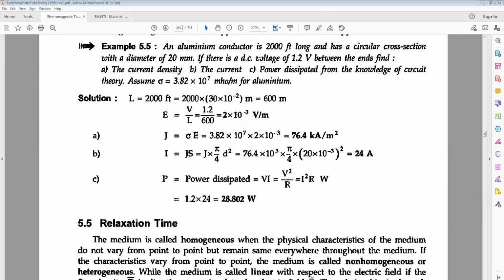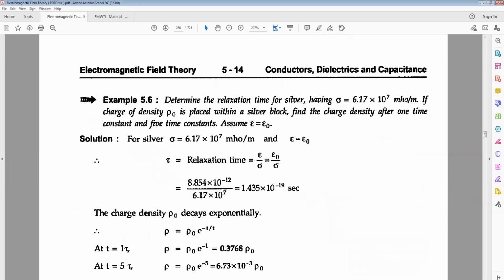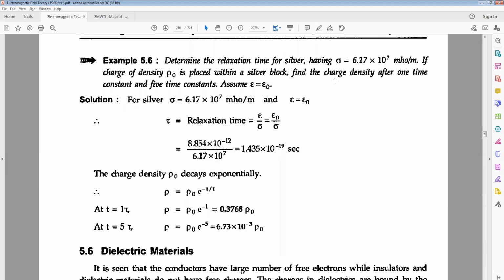So coming to the next example. Determine the relaxation time for silver having the conductivity 6.17 × 10^7 mhos per meter. If charge density rho is placed within a silver block, find the charge density after one time constant and 5 time constants.